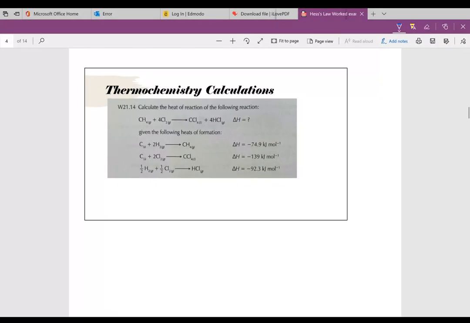Okay, so now we're looking at calculating the heat of reaction. What we've had so far is the heat of combustion, which is a reaction with oxygen, and the heat of formation, and you'll see it here, the heats of formation, which is compounds formed from elements in their standard states. These are all elements in their standard states.